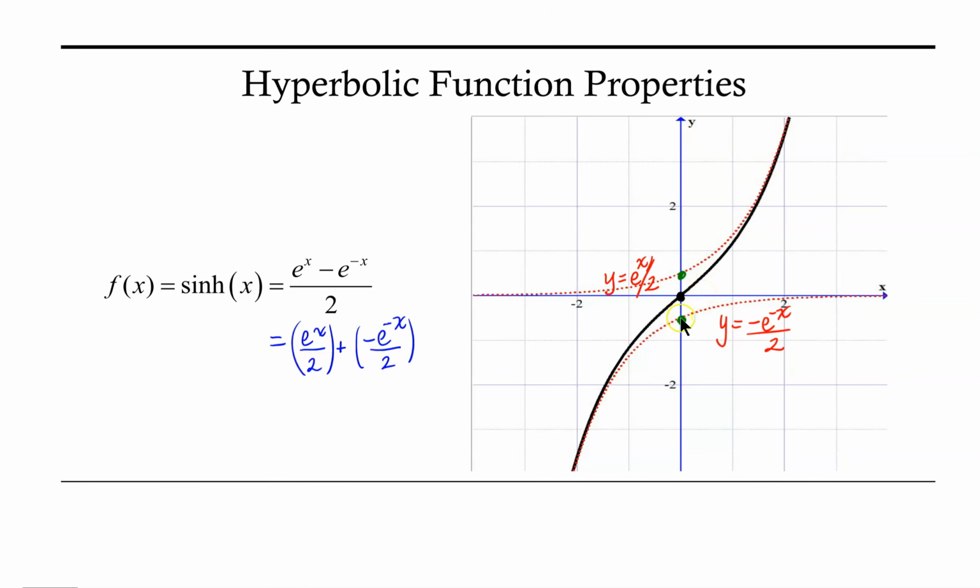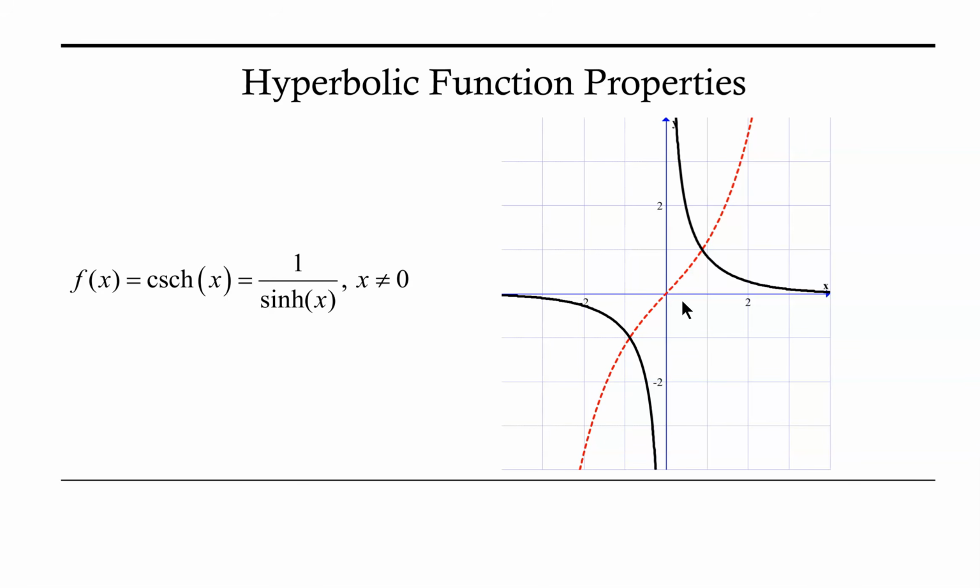For example, at x equals 0, we would have positive 1/2 plus negative 1/2, which would give us a point on the graph of the sinh function of 0. A couple of other details. The domain of the sinh function is all real numbers, so from negative infinity to infinity, and the range of the sinh function is also all real numbers, so negative infinity to infinity.